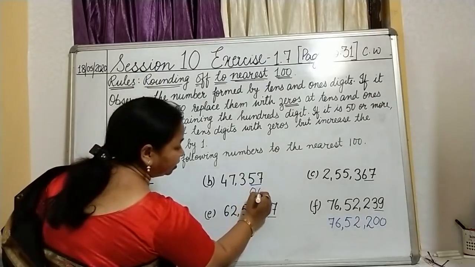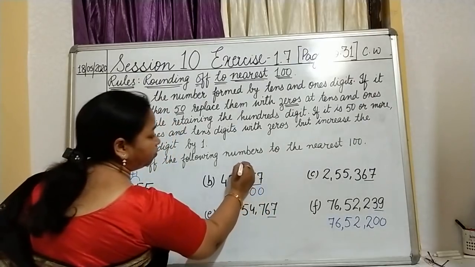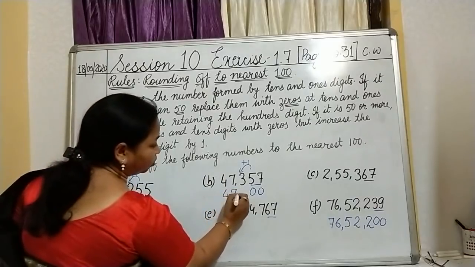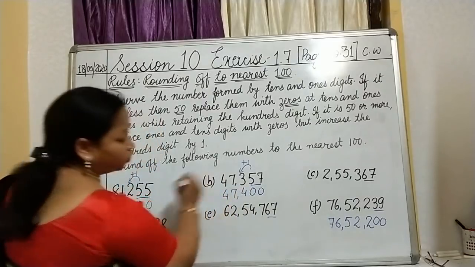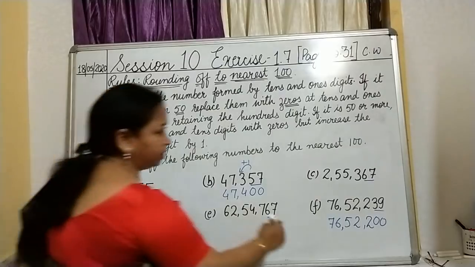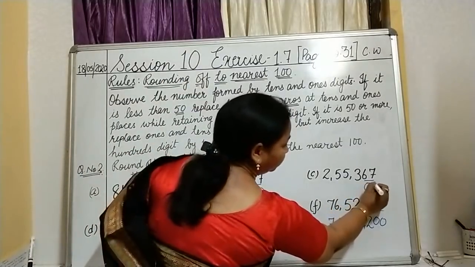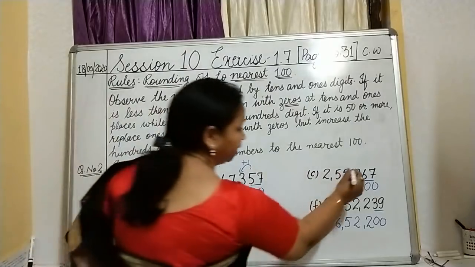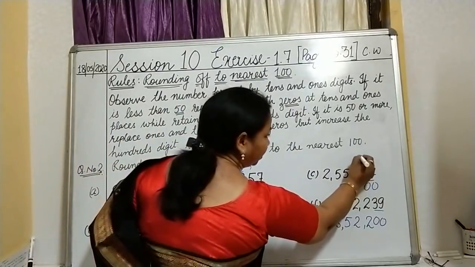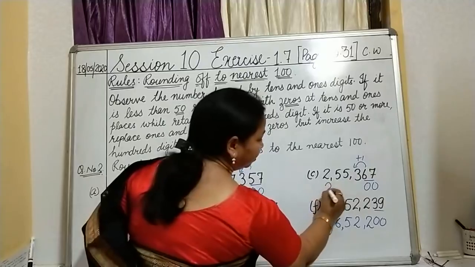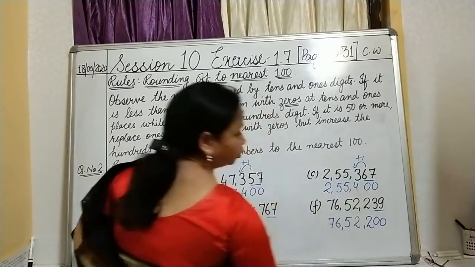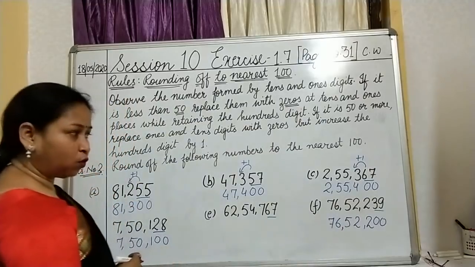Now the next question, here it is again more than 50. So we will replace this. We will add 1 to the 100 place. The number changes to 47,400. Right? Then here also we will change to 00 at the last, and we will add 1 to this number, and the number changes to 2,55,400.